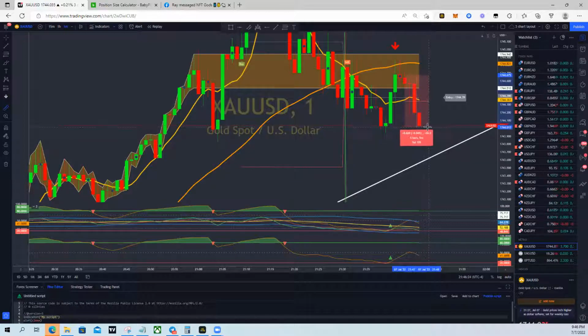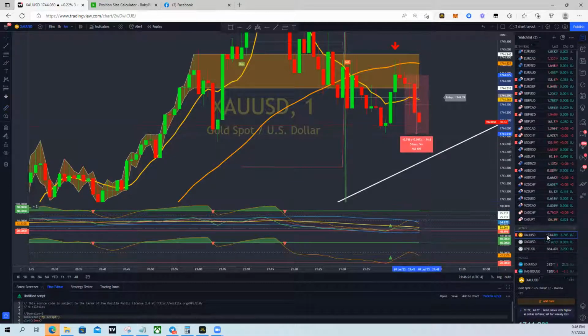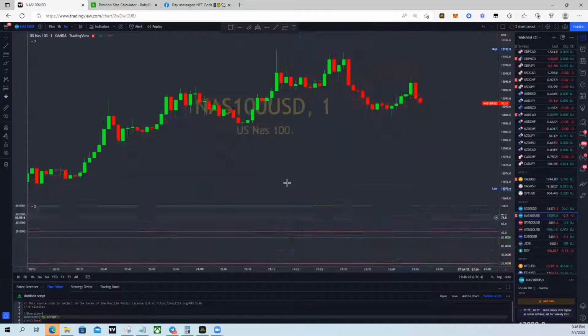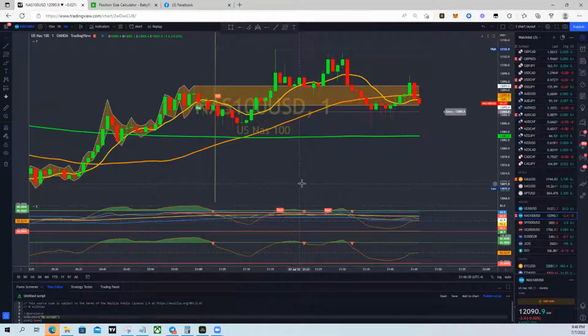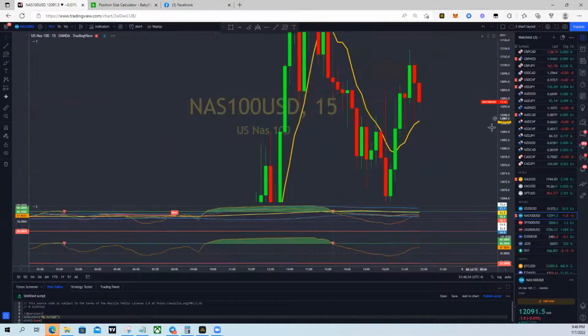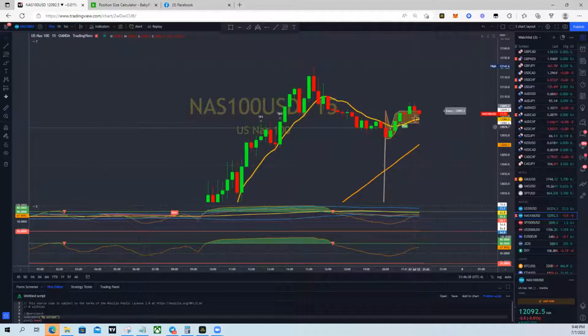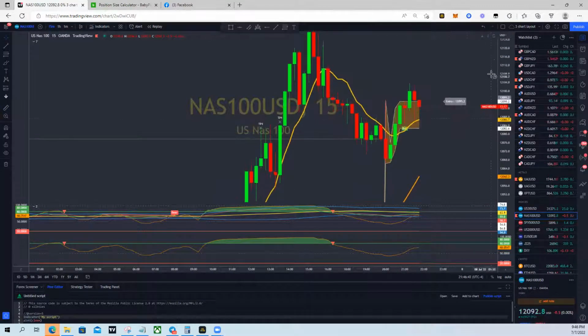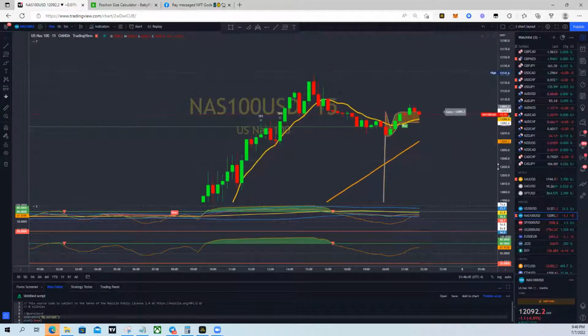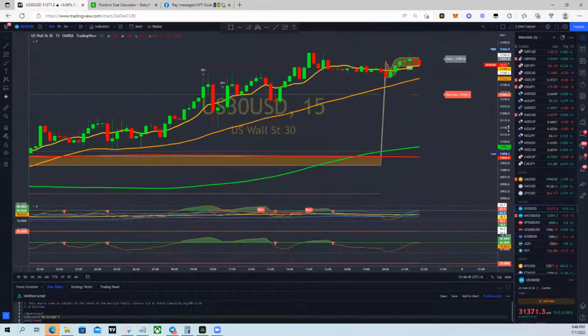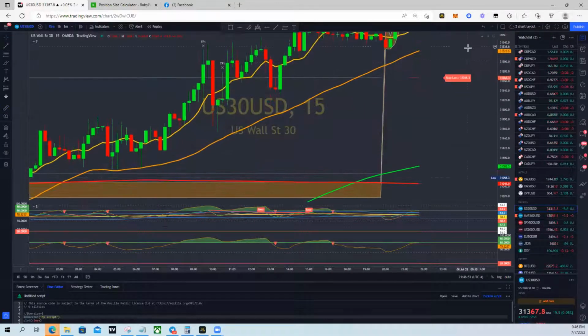I think Nas just turned around too. Bounced off that hourly resistance. Yeah, it's back in the zone. It's bouncing off the 50. US 30's bouncing off the bottom.